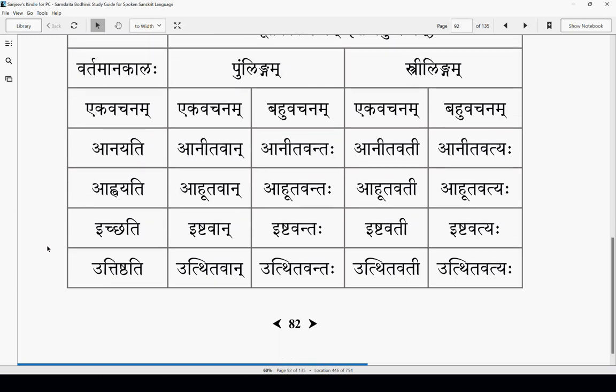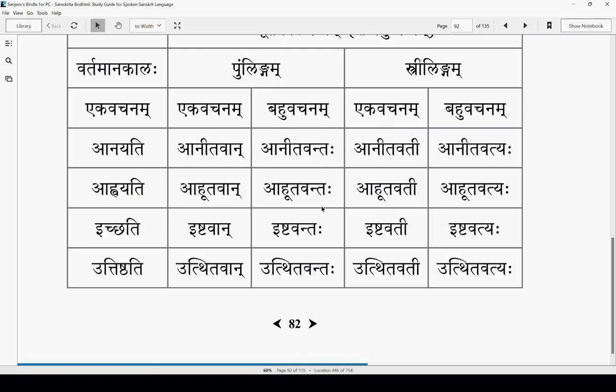So here we have given the examples: Anitavan, Anitavati in Strilingam, Ekavachanam. In the Pullingam it is Anitavan, Strilingam Anitavati, and Bahuvachanam Anitavantaha and Anitavatya. In Strilingam they follow the Vibhakti pattern of Nadi Shabdaha, Dirgha Ikaranta Shabdaha. In Pullingam, which pattern do they follow?